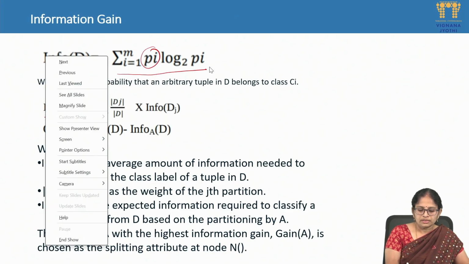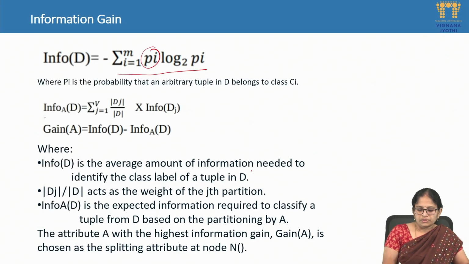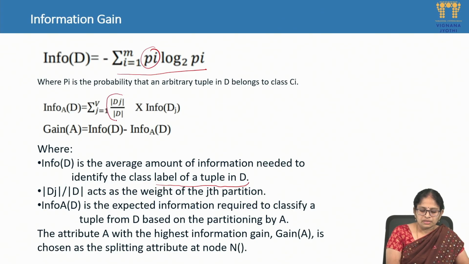This indicates the average amount of information needed to identify the class label of a tuple in D. Once this is calculated, we go for the second equation, that is info of D at A, at some attribute A. This is equal to sigma j equals 1 to v, mod Dj by mod D, into info of Dj. Here mod Dj by mod D is called the weight assigned to that particular partition.